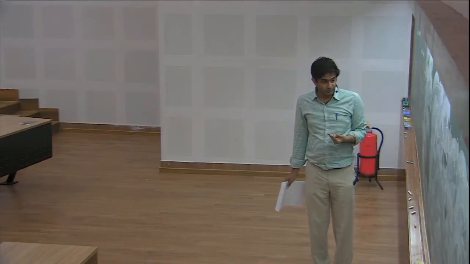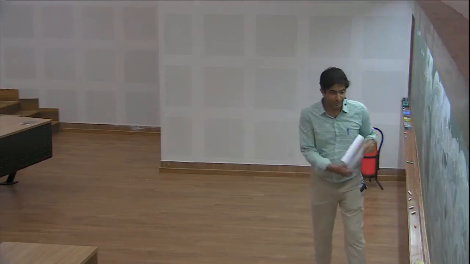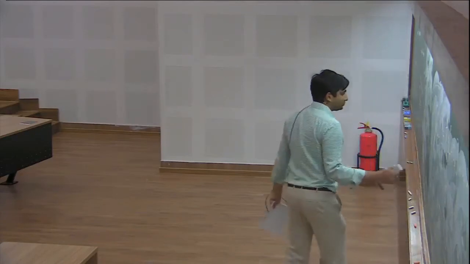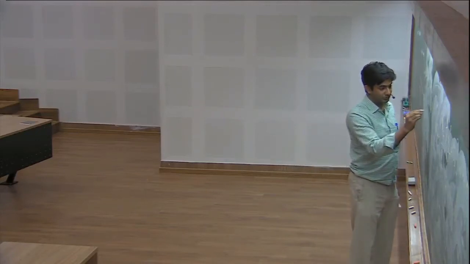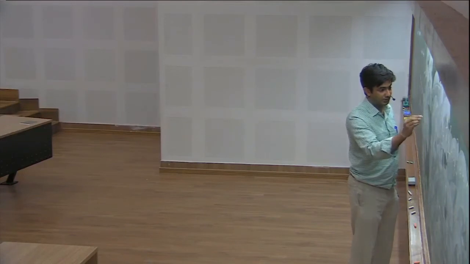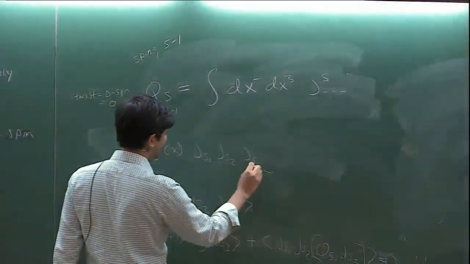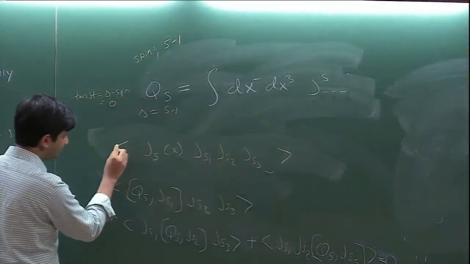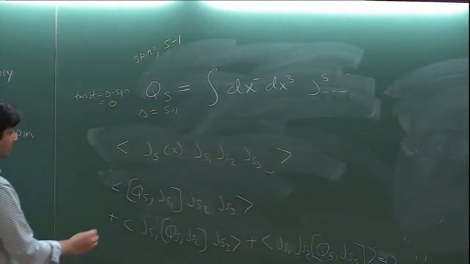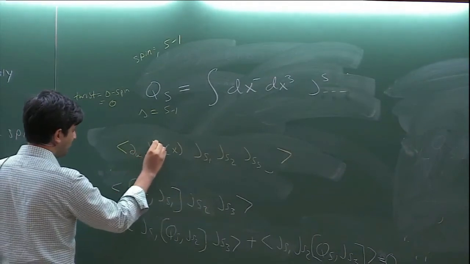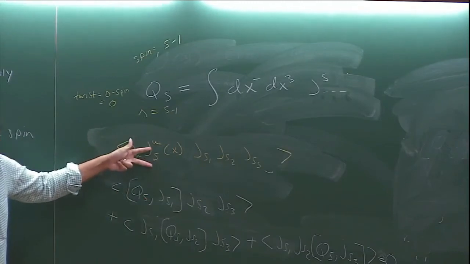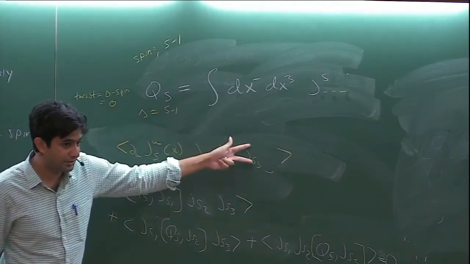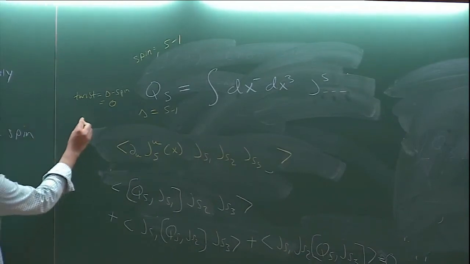Well, maybe let me start with a different relation. What we do is we consider this 4-point function, which is the divergence of Js with Js1, Js2, Js3. And now we integrate this.